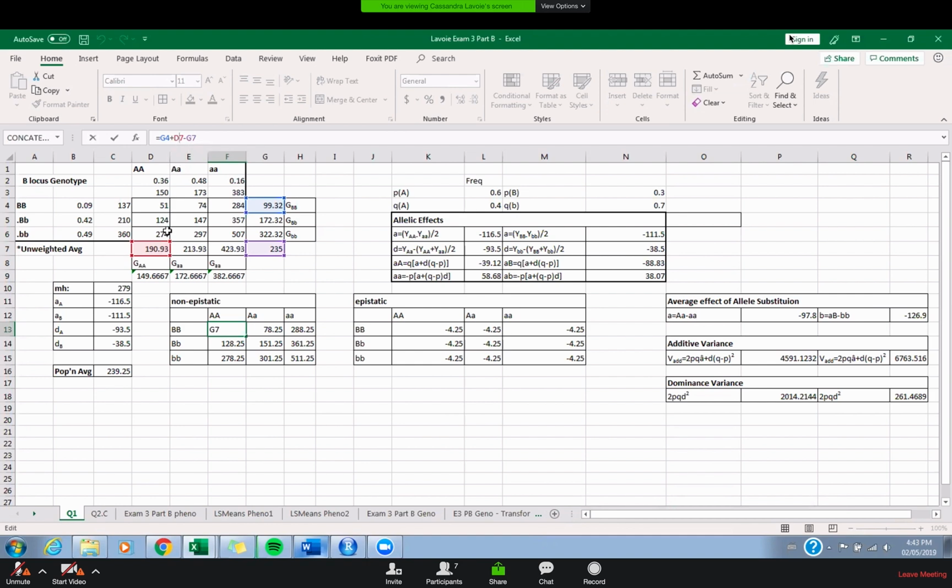So now, instead of having this as 190, I would change this to this. And then this would change to this. And that's going to change these, because they're going to see off of. Okay. Yeah.